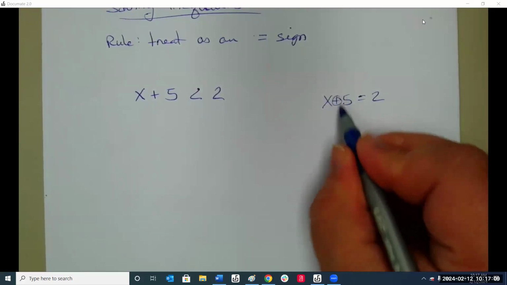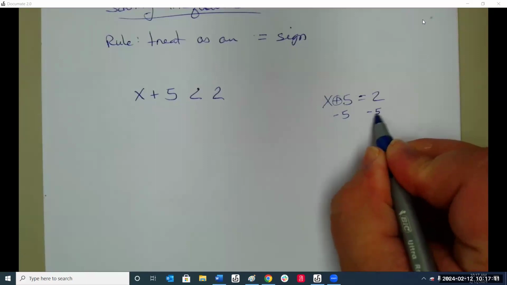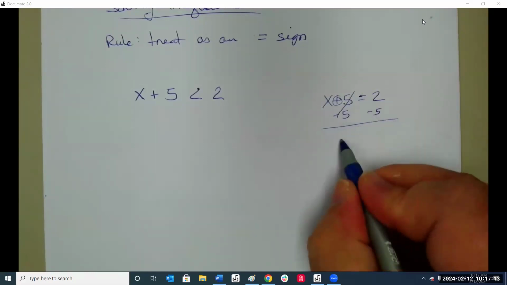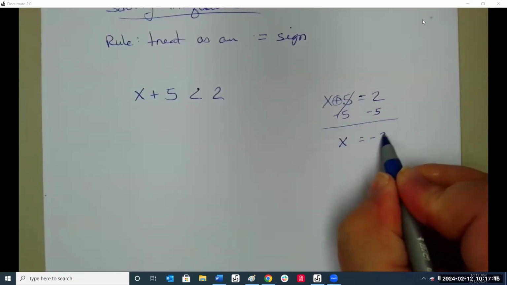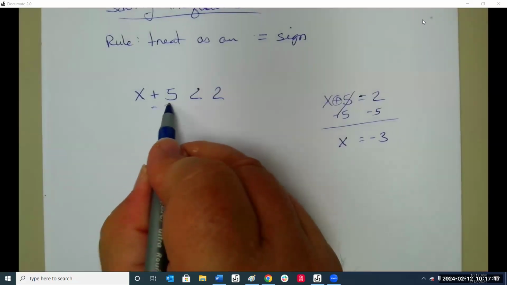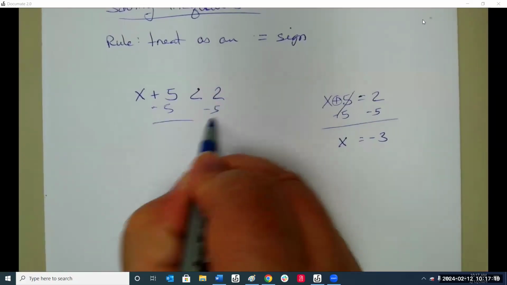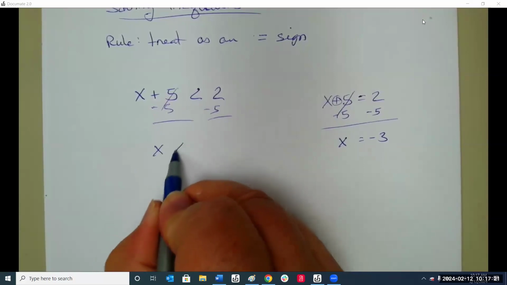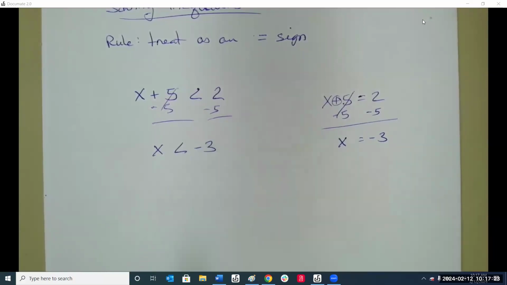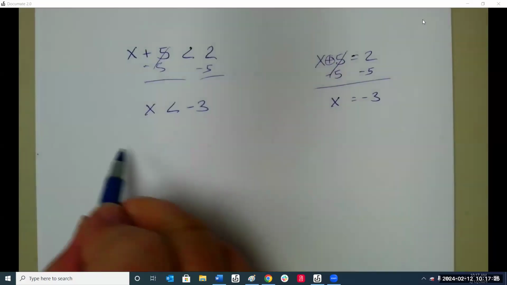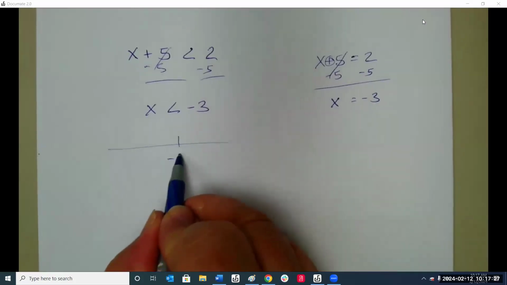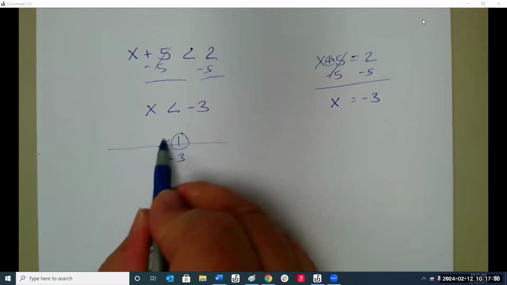Subtract, this is a plus, we'd subtract 5 from both sides. So now x is equal to -3. x is less than -3. So the graph would look like -3, open.